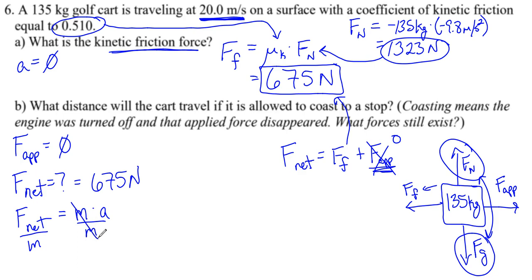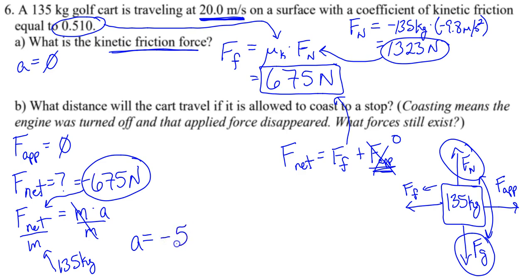So if we plug in everything that we know, 675 newtons for the net force, 135 kilograms for the mass, 675 newtons divided by 135 kilograms gives us an acceleration of negative 5 meters per second squared.